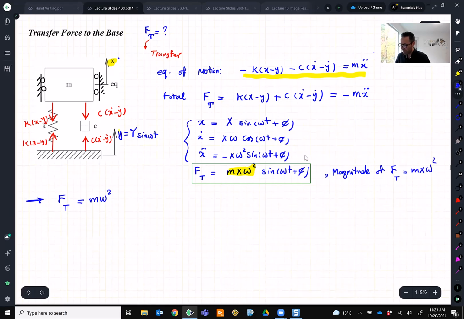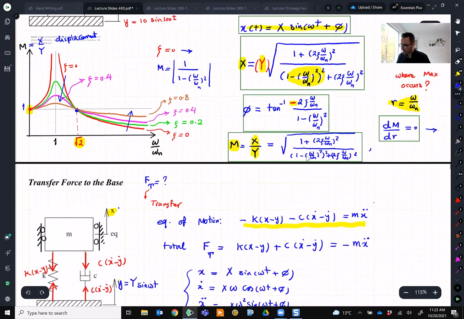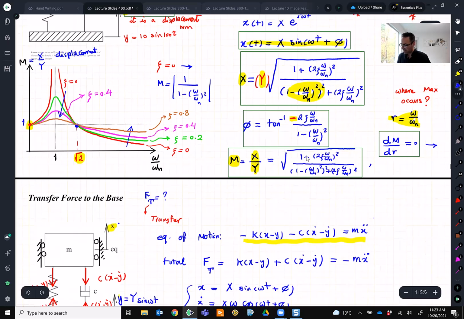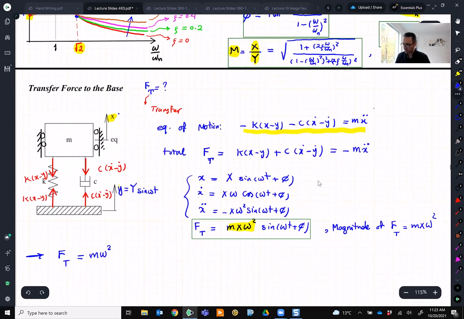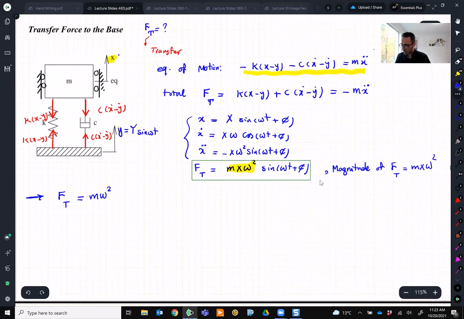was, I'm going to move back one slide and show you what X was. We found X is equal to Y multiplied by these big square root terms: the square root of 1 plus (2 zeta omega over omega n) squared, over (1 minus (omega over omega n) squared) squared plus (2 zeta omega over omega n) squared.